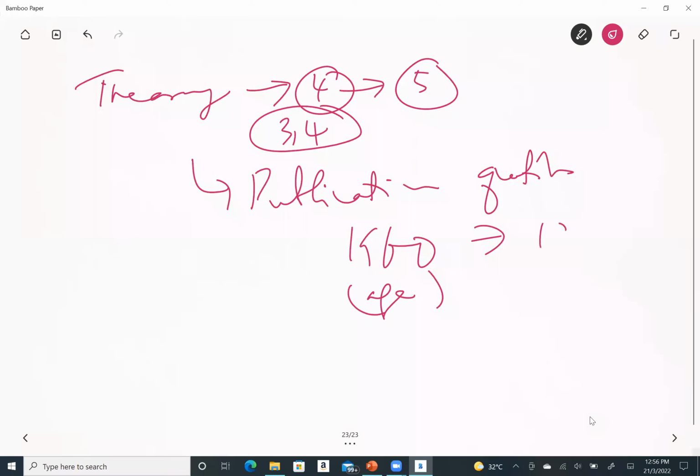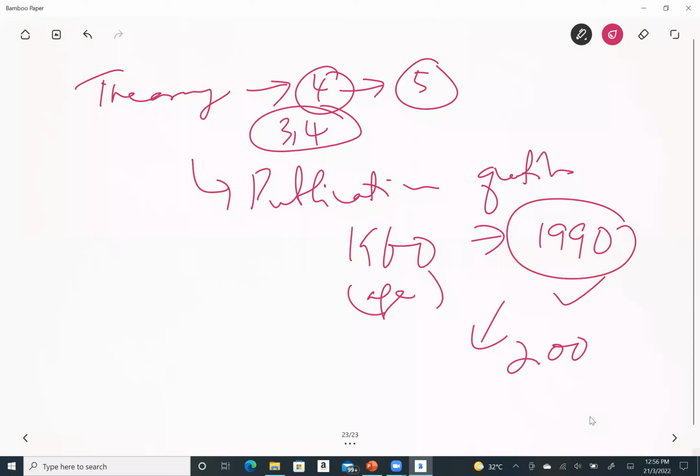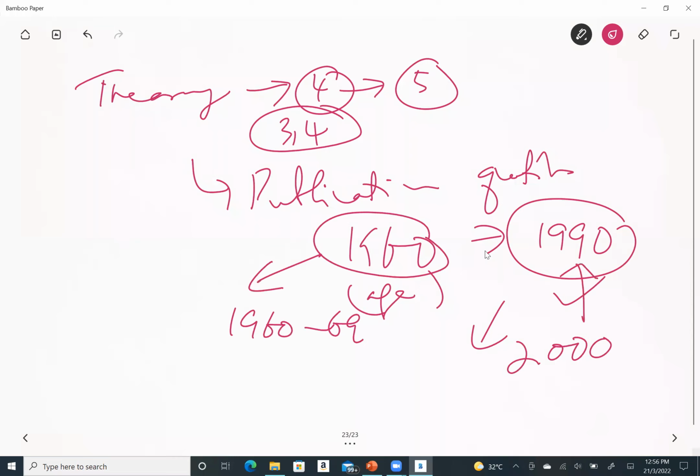If you compare to 1990, things have improved. And if you look at 2000, maybe even better. So that's good. If you are doing the period 1960 to 1969, you compare with 1990 to look at the data.